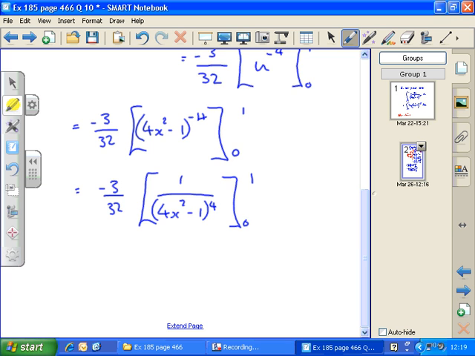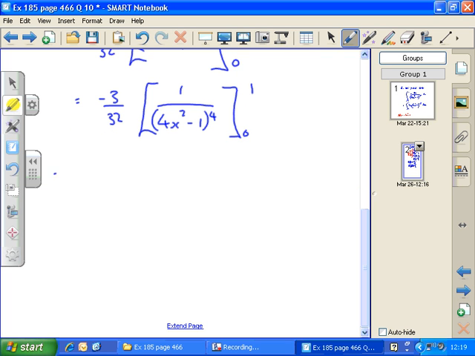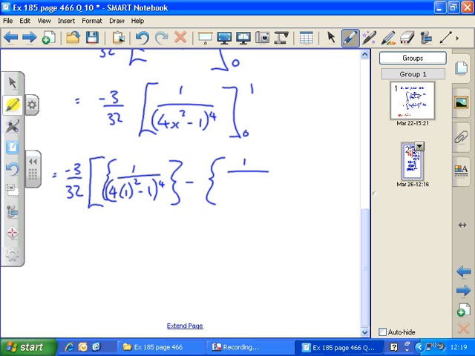And now put my limits in. x equals 1, I get 1 over (4 times 1 squared minus 1) all to the power 4, minus, putting the limit of 0 in, (4 times 0 minus 1) all to the power 4.